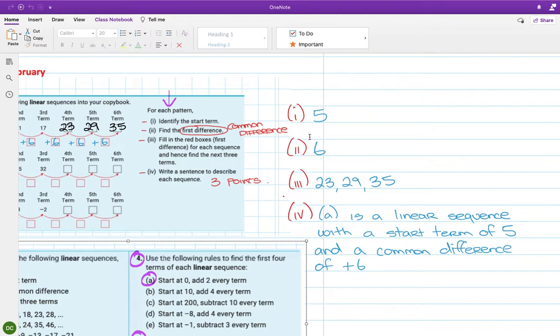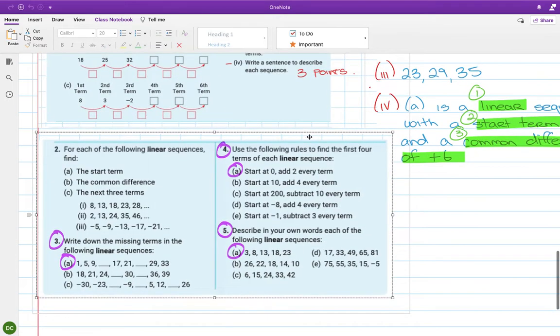So they were the 3 key pieces of information I asked for. What type of sequence, what's the start term, and what's the common difference. They are your 3 pieces that needed to be mentioned. Okay, alrighty, that's the first one.